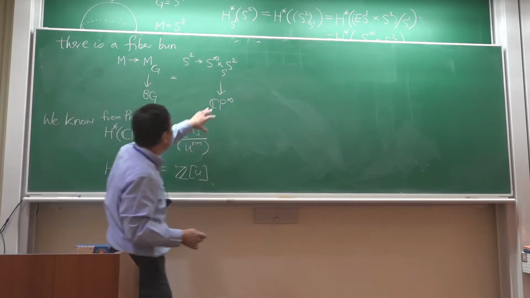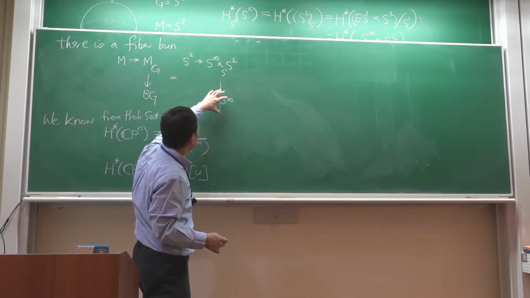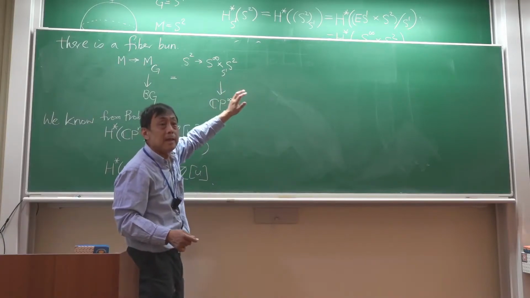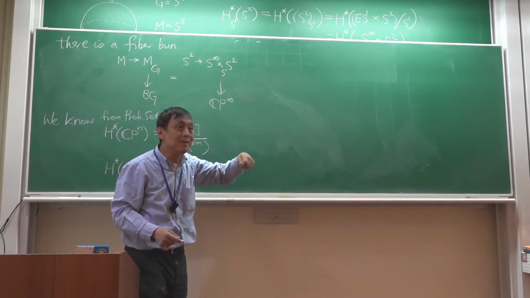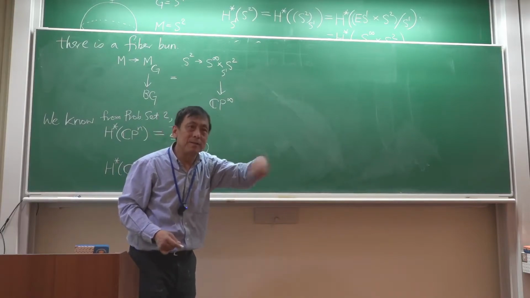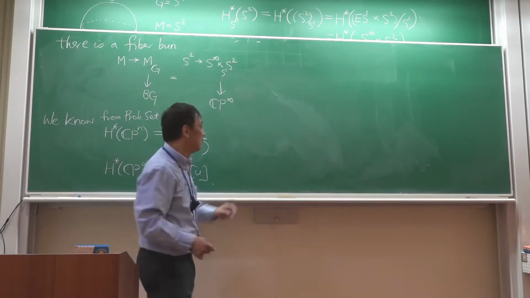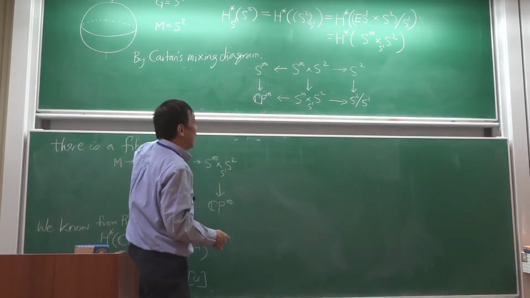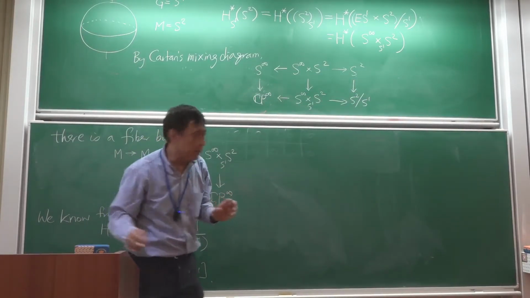That means you have the cohomology of the base and the cohomology of the fiber. And so you have E2, and then we just apply the spectral sequence to get E infinity.